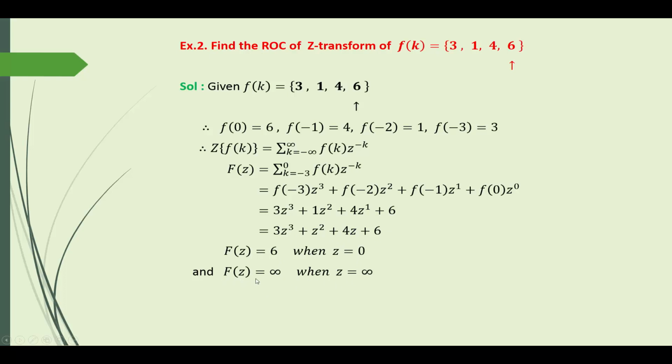When z is infinity, F(z) is infinity. When z is 0, F(z) equal to 6. Means region of convergence of Z transform is entire Z plane except z equal to infinity.